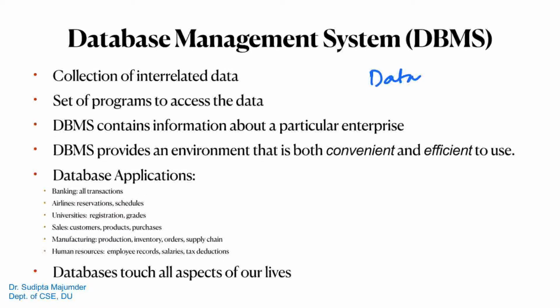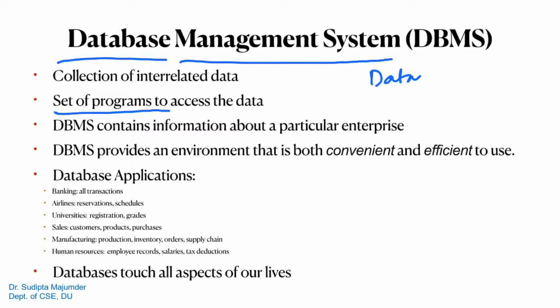And also the database management system contains a set of programs which are used to access those data. So in database management system, we have got two parts. One is database, the second one is management system. Database is the place where interrelated data are stored, whereas the management systems are the set of programs which are used to access those data.